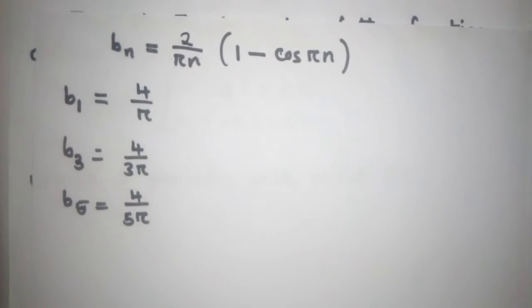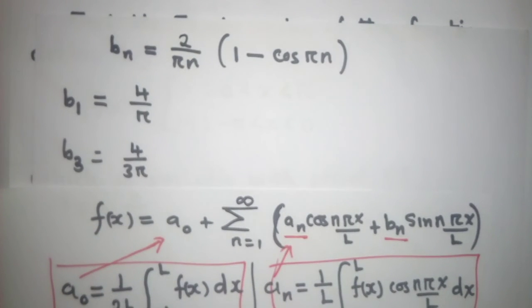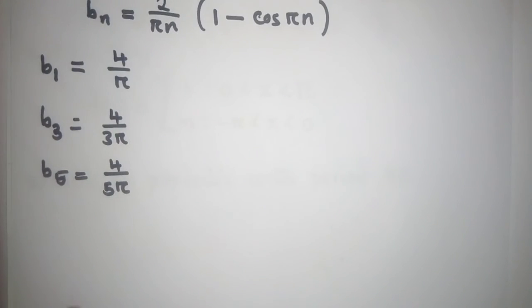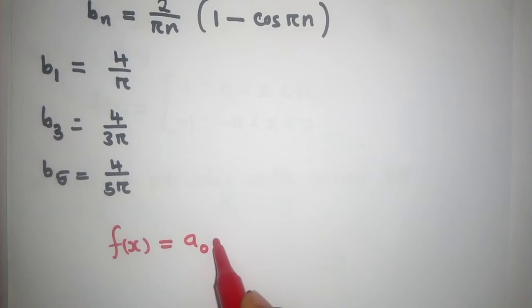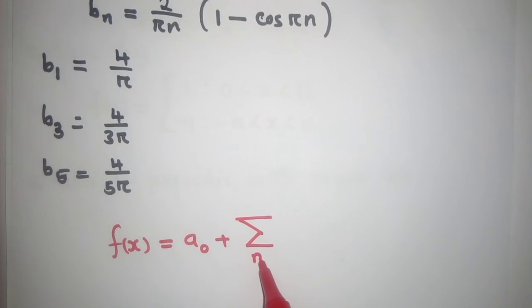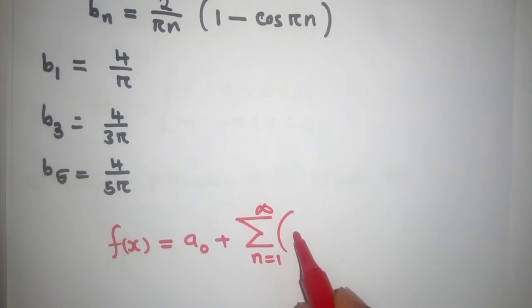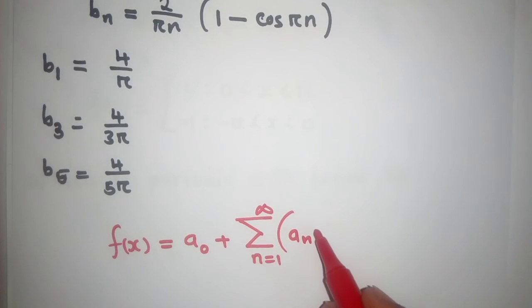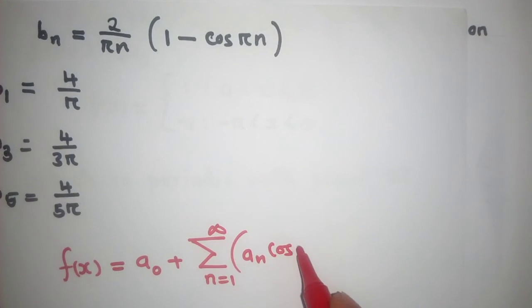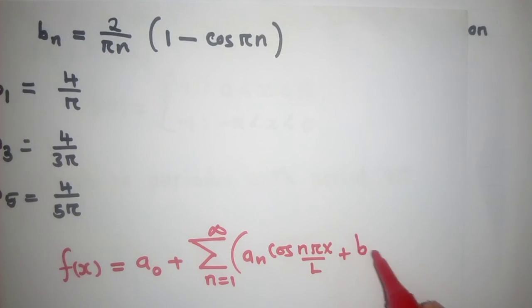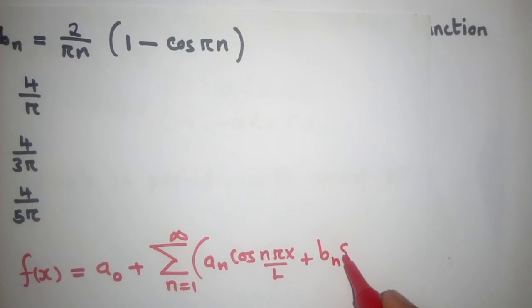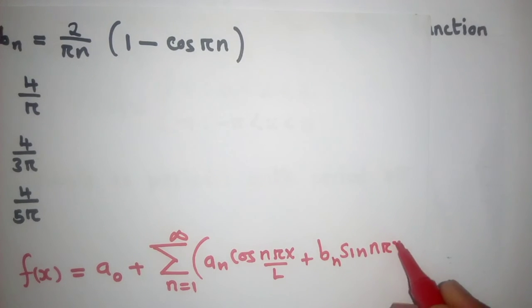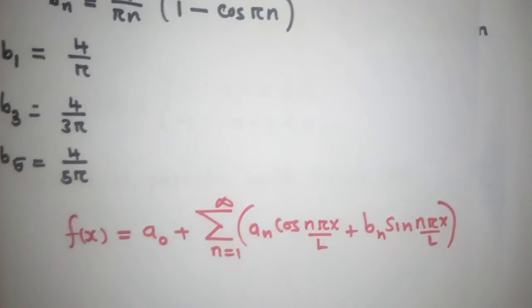So now we can get this one here. Let me write it here. f of x is equal to a naught plus summation from n equals 1 to infinity of a subscript n cos n pi x over L plus b subscript n sine n pi x over L. So we can plug in.